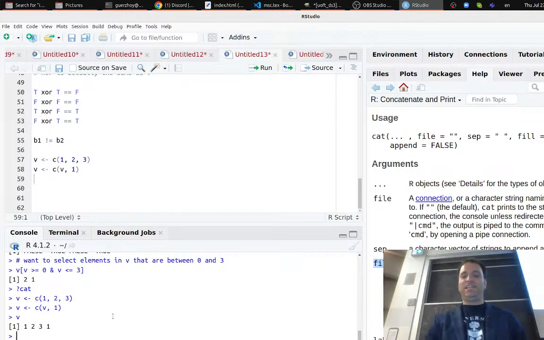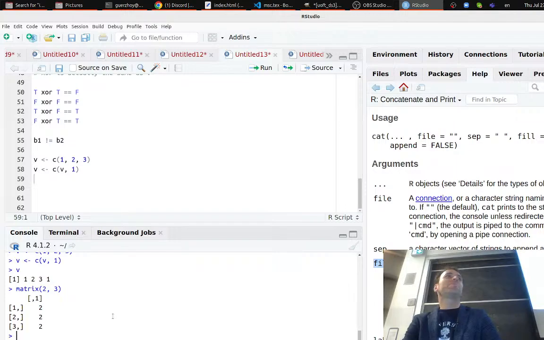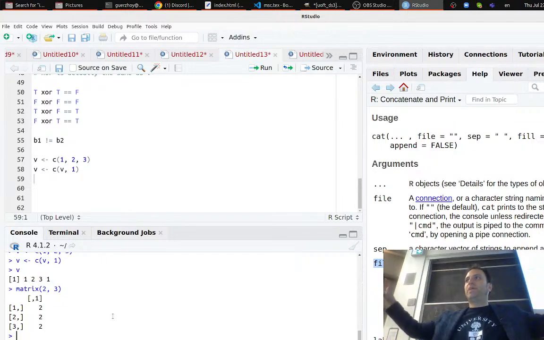You just make a matrix. But we are not going to do matrices in this class. You can, if you like, have a vector of matrices, but a vector is just a one-dimensional collection of elements of the same type.